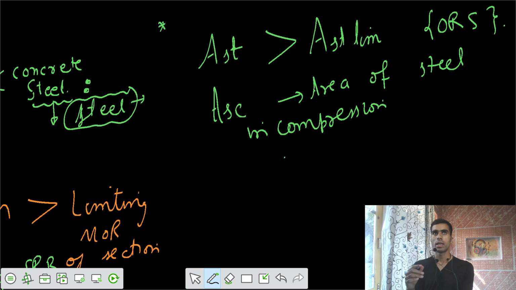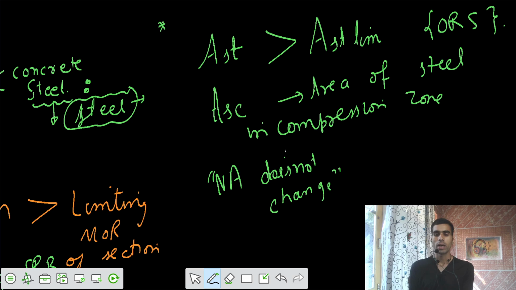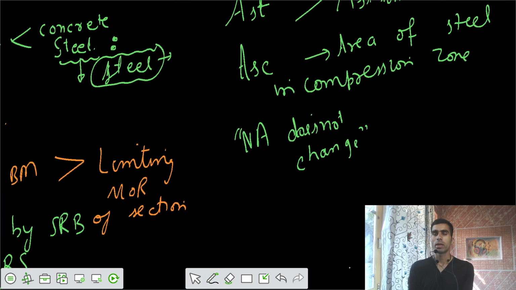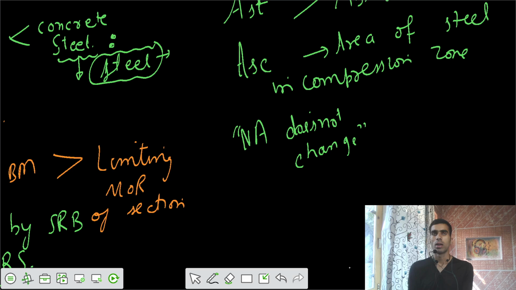A part of the steel we increase in the tensile zone, and some steel we add in the compression zone. Because of that, our neutral axis does not change, and the moment resisting capacity of the section gets increased. So it can now take more moments for the same B and D cross section.